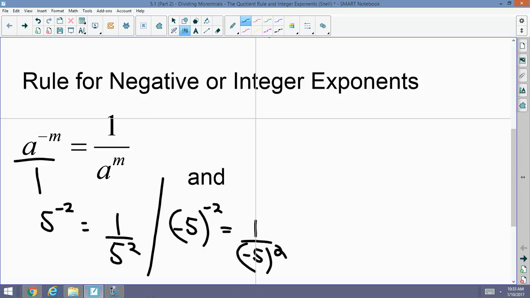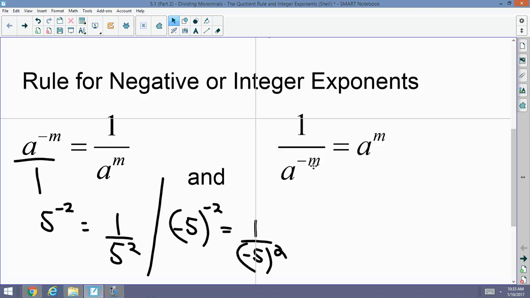I did not change the sign of the negative 5. I changed the sign of the exponent, and only the exponent. Now, this is going from numerator to denominator. If I go from denominator to numerator, I'm doing the same exact thing. So when I go from numerator to denominator or denominator to numerator, I only change the sign of the exponent.